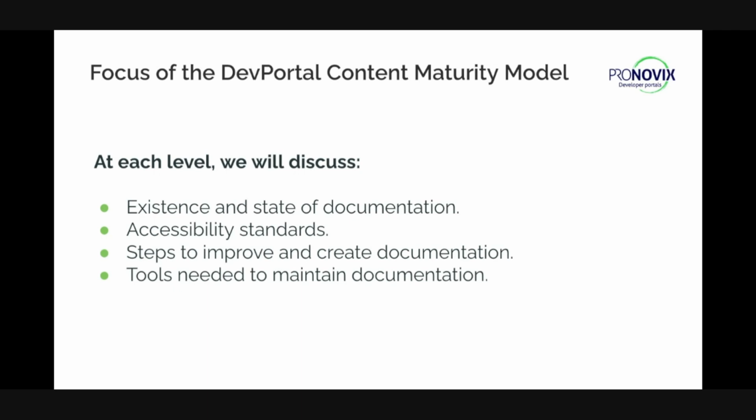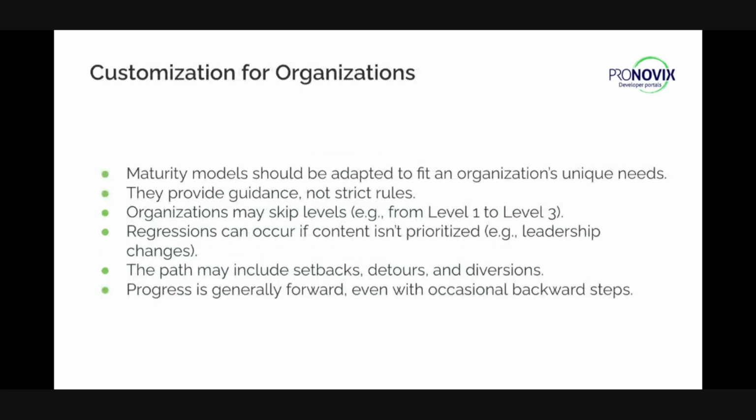While accessibility may not be a focus in the early stages of the portal, as the portal matures, this becomes increasingly important, especially when dealing with content beyond text. We also look into actionable steps to create missing documentation and improve existing content, and the content types required at each level to ensure a fully functional and mature portal.